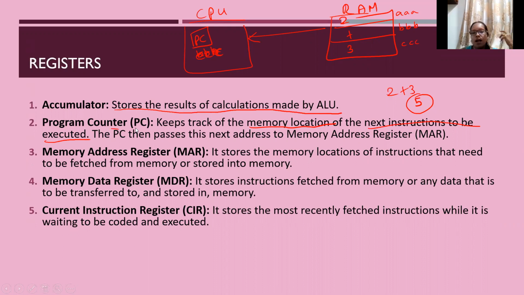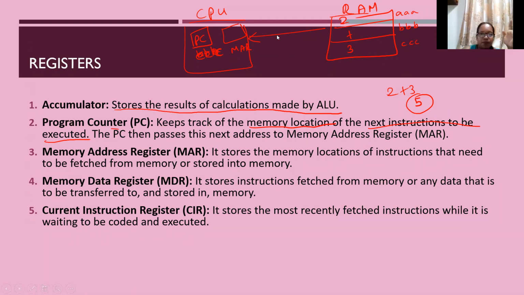That is the program counter. Then what is the memory address register? It stores the memory location or the memory address that needs to be fetched from memory or stored into memory. That means the currently executing address. MAR is just holding the currently executing data's memory address.